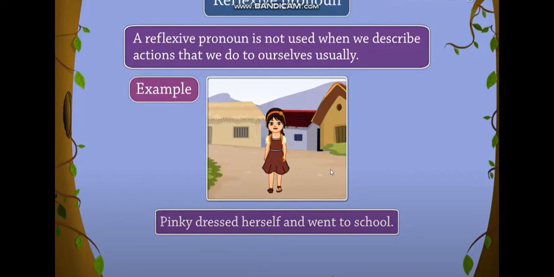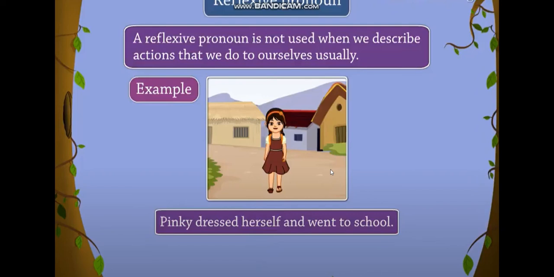Should I explain it again? Yes, I'll explain it again. A reflexive pronoun is not used when we describe actions that we do to ourselves, like Pinky dressed herself and went to school. It is obviously done by herself, so it should not be described using the word herself.